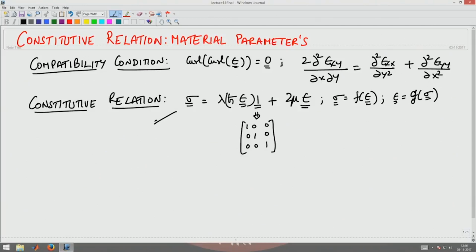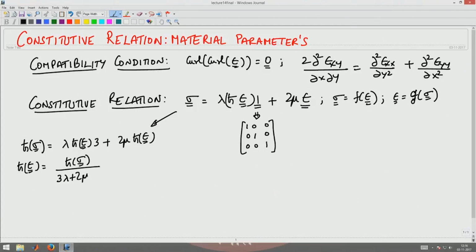From here I find that trace of sigma is given by lambda trace epsilon, which is a scalar, comes out of the trace expression. Trace of identity tensor is 1 plus 1 plus 1 which is 3, plus 2 mu trace epsilon, right. So, I get a relationship which says that trace of epsilon is trace of sigma by 3 lambda plus 2 mu.